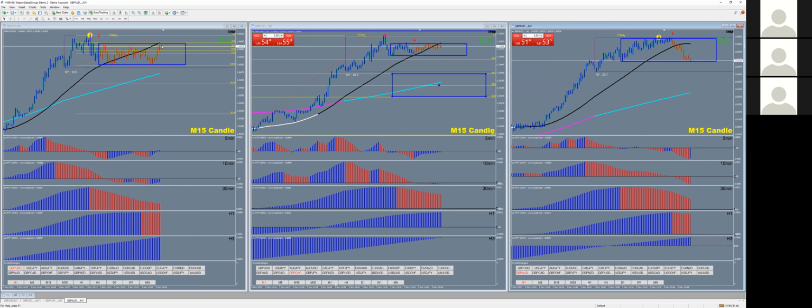The pound dollar reversed back up, from the bottom of the low range to the top.